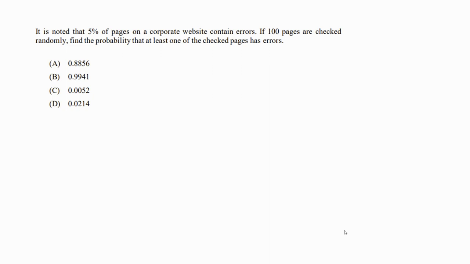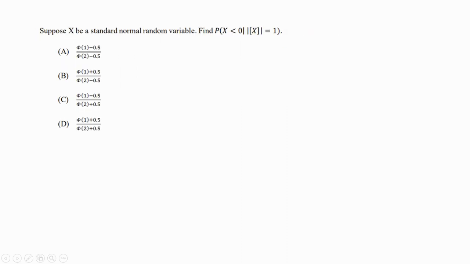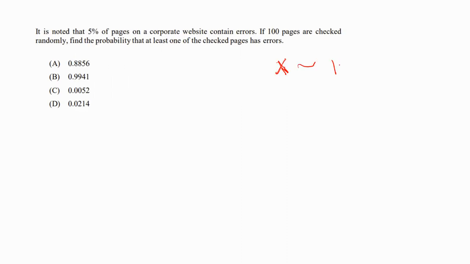If 100 pages are checked randomly, what is the probability that at least one of the checked pages has an error? Now what you can see is that X is 100 pages, and the probability that a page has some error will be 0.05.